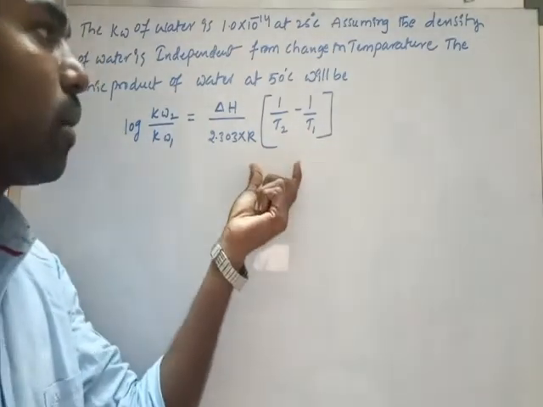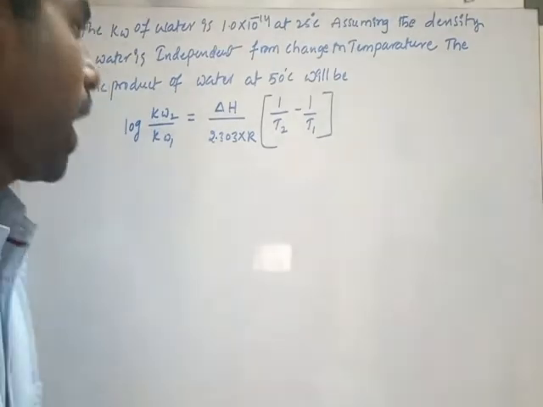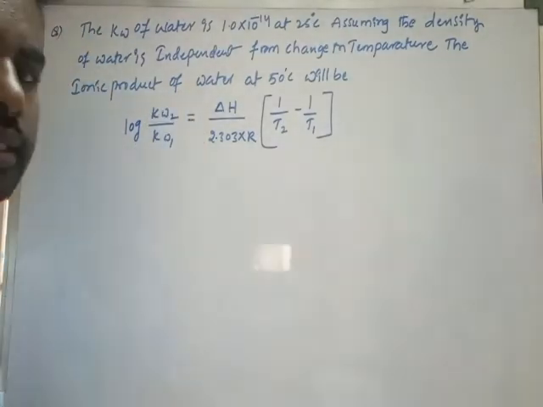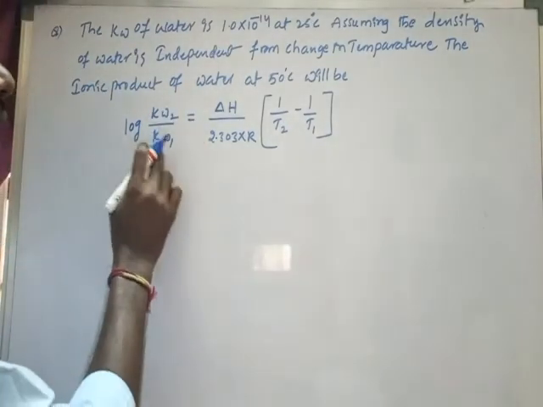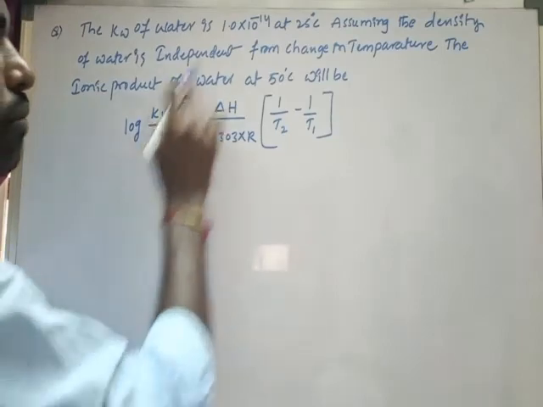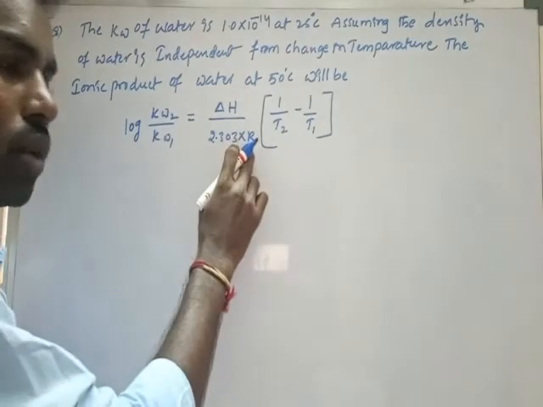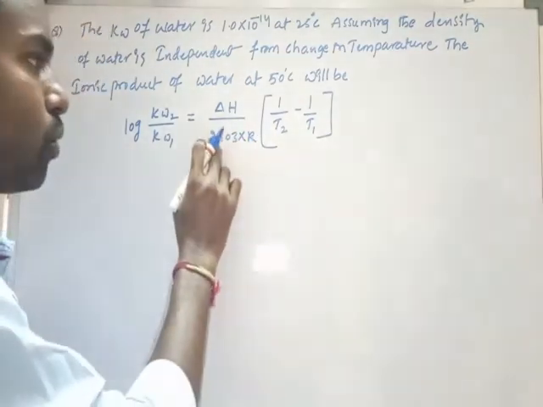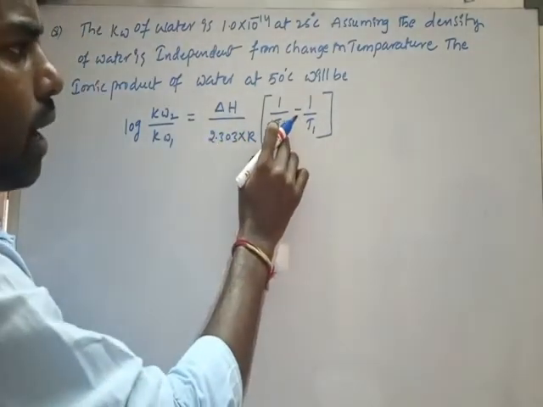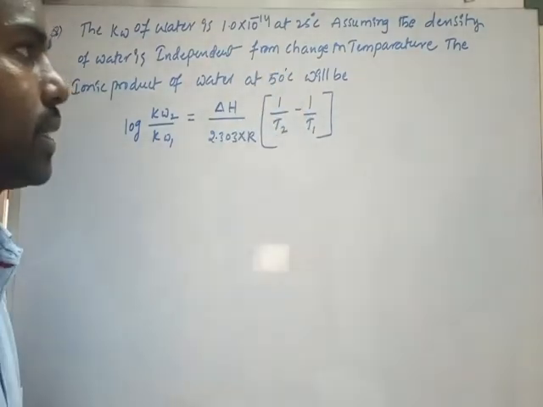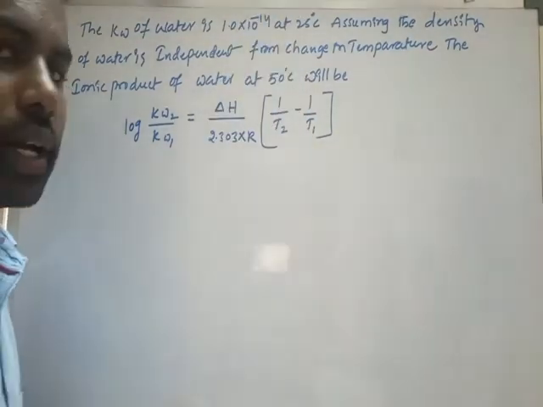With the help of this formula we can calculate the ionic product of water at 50 degrees Celsius. Here Kw1 means the ionic product of water at 25 degrees Celsius, 10 power minus 14. R is a constant, and 2.303. T2 is almost 50 degrees Celsius, T1 is almost 25 degrees Celsius.